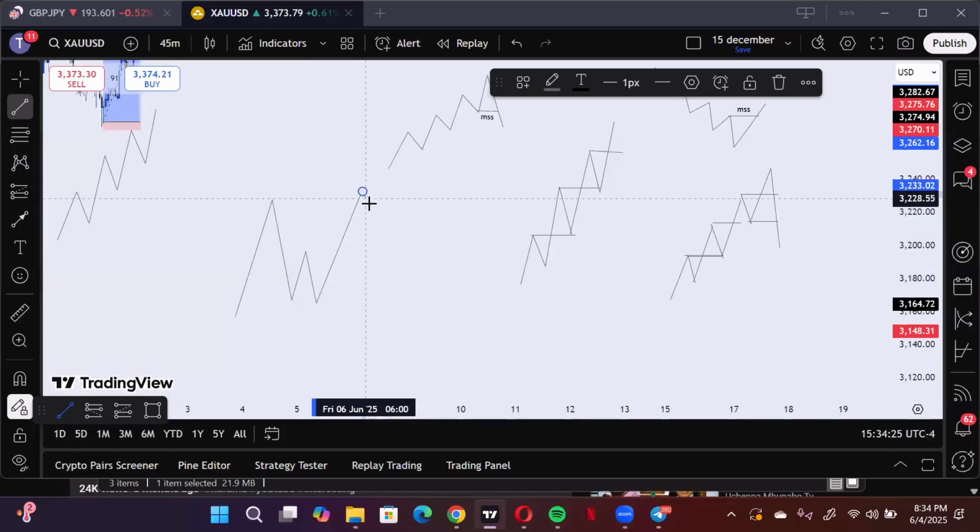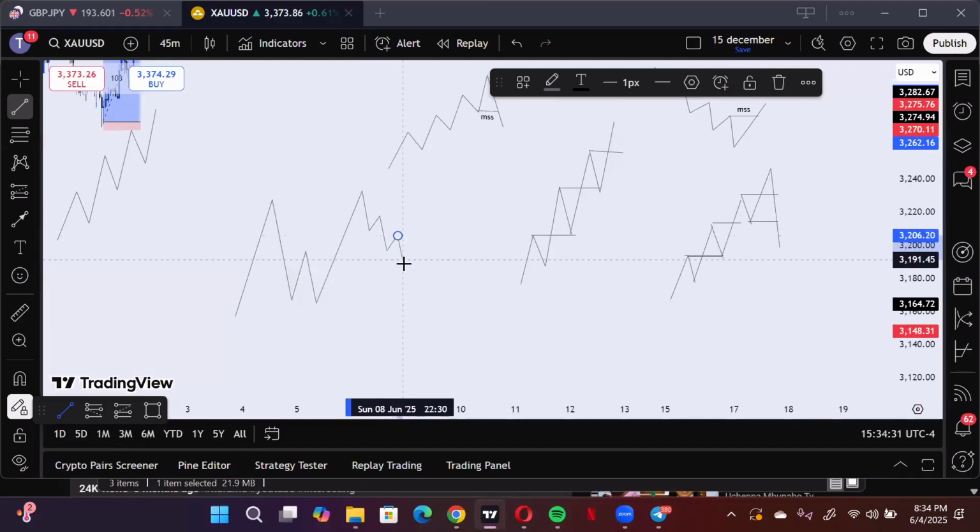So you see lower highs, you see lower lows. You see lower highs, you see lower lows. You see lower highs, you see lower lows. All these are single break of structures because it's just taking out one consecutive zone. So when market takes out just one zone, that is what you call a single break of structure.